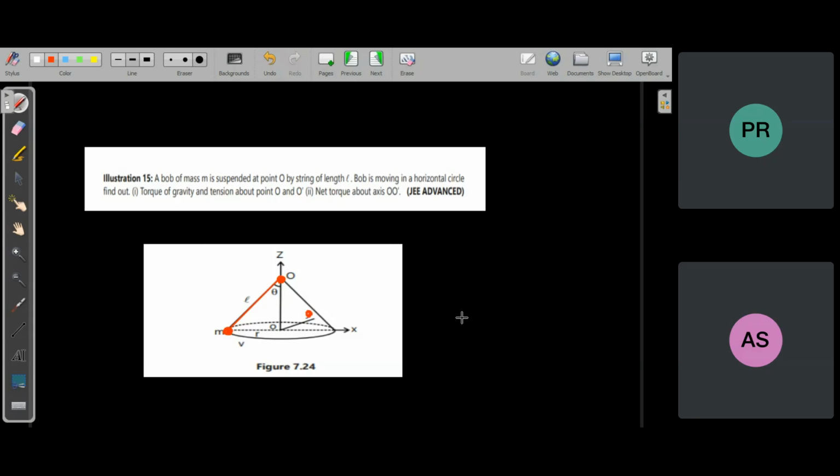In that case, the string rotates and forms a cone-like shape. If you look at the string, it is forming a cone. This arrangement is simply called a conical pendulum.